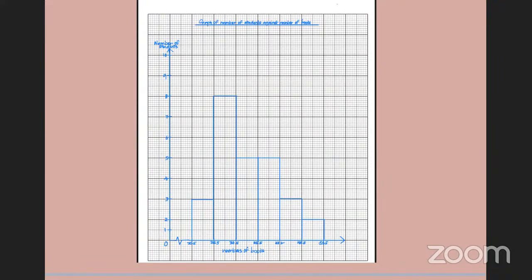Have you finished the graph or are you still drawing? So how about the others?